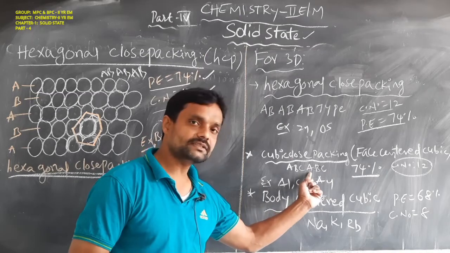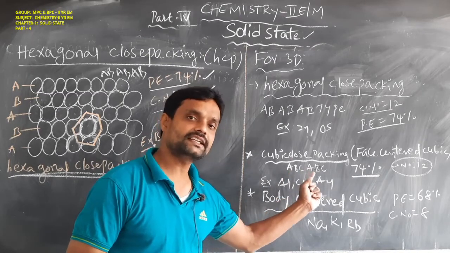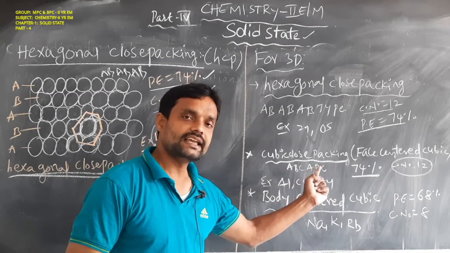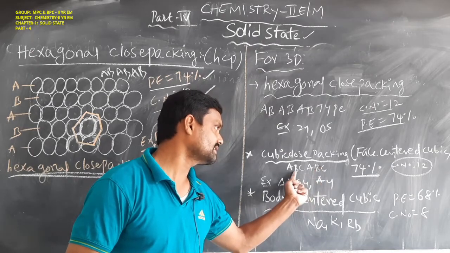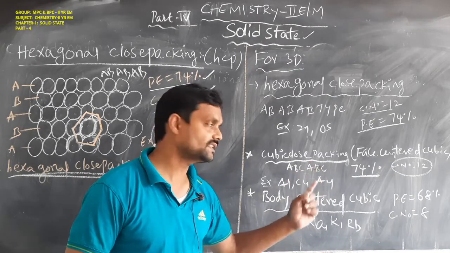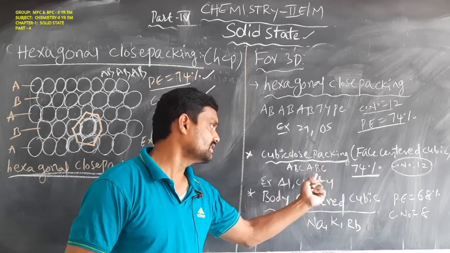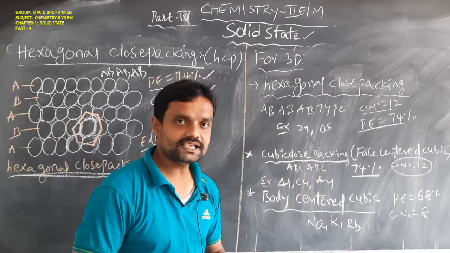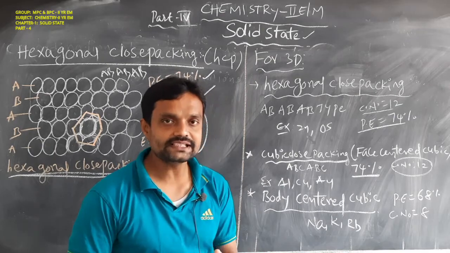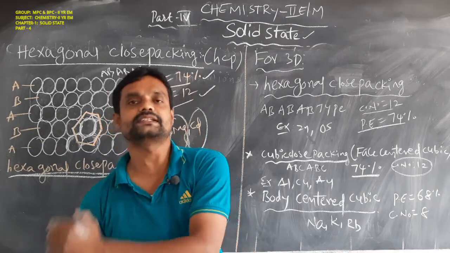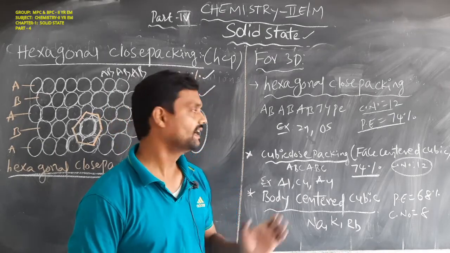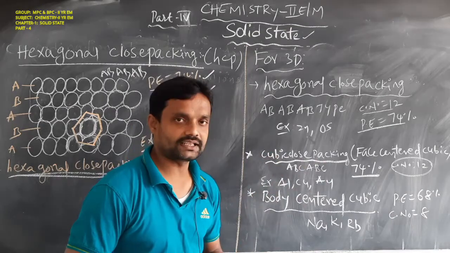The fourth row is similar to the first row, the A type. The fifth row is similar to the second row, so B type. The sixth row is similar to the third, so that is the C type. Means ABC, ABC, ABC type of arrangement in cubic close packing.